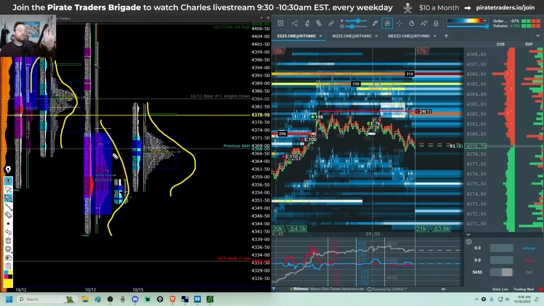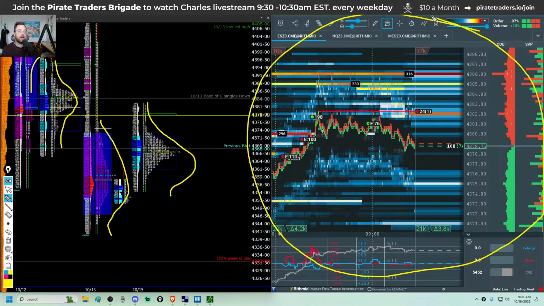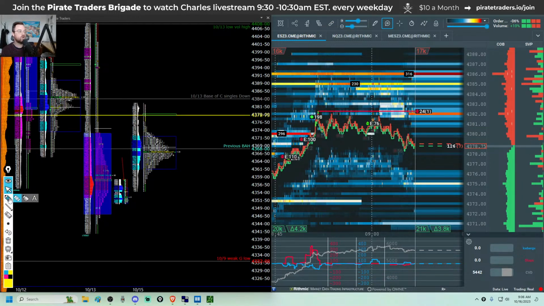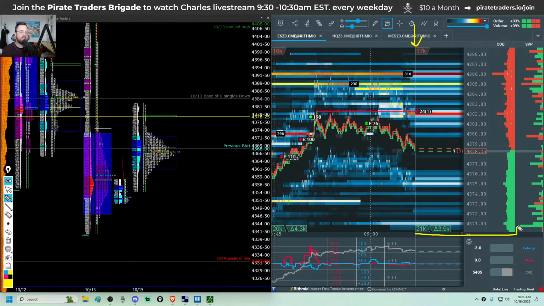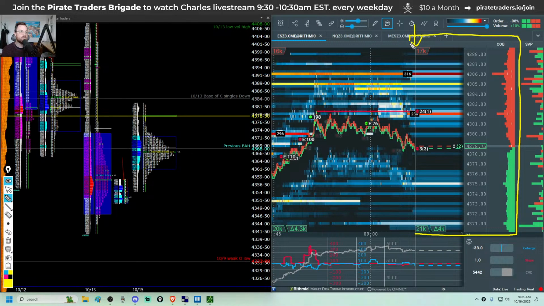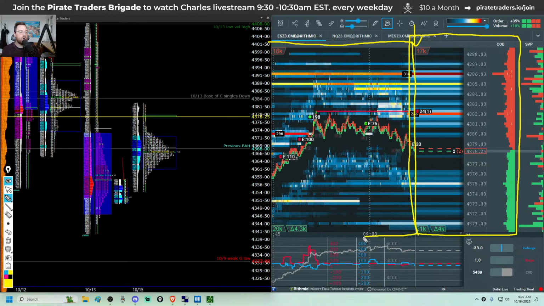Okay? On the right side of the screen over here, this is the Bookmap software. Okay, so what this does is this lets me look at the liquidity in the market. This little white line that you see right here is very, very important. On the right side of that, this shows the liquidity that is currently in the order books right here. And then this over here on the left is the liquidity that was there at that particular time.